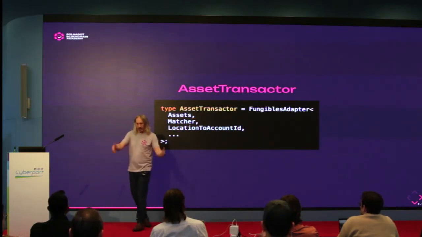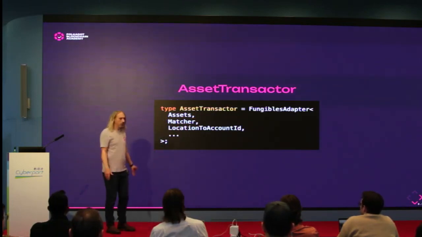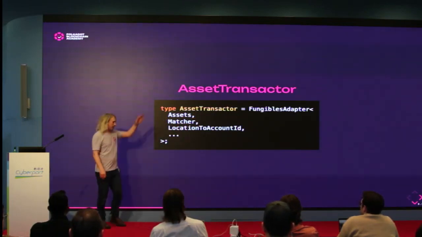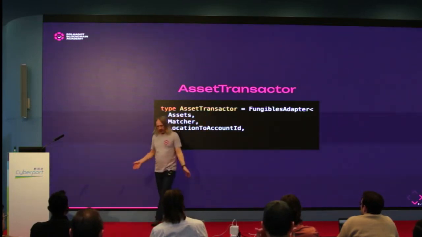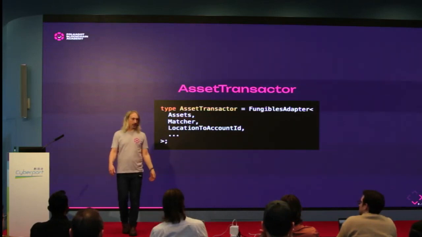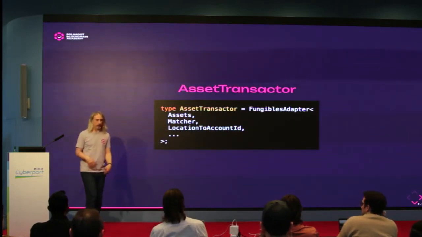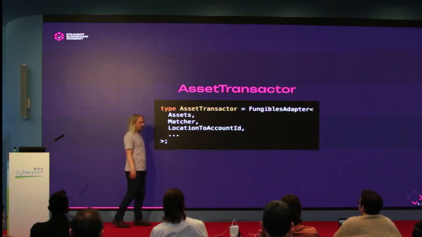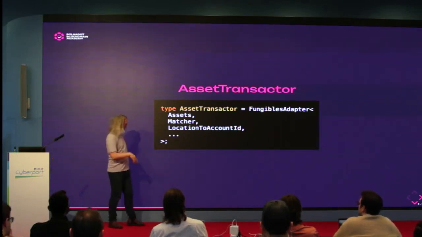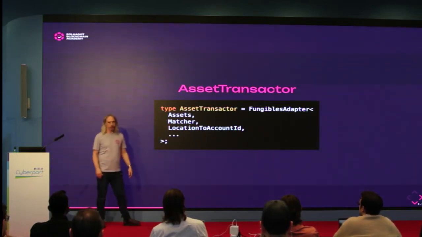And therefore it says, I have this asset ID, do you know anything about it? And if none of its asset transactors know anything about it, then of course it says operation failed: you're trying to transact on an asset that I know nothing about. But if the program is designed properly, it should match something.